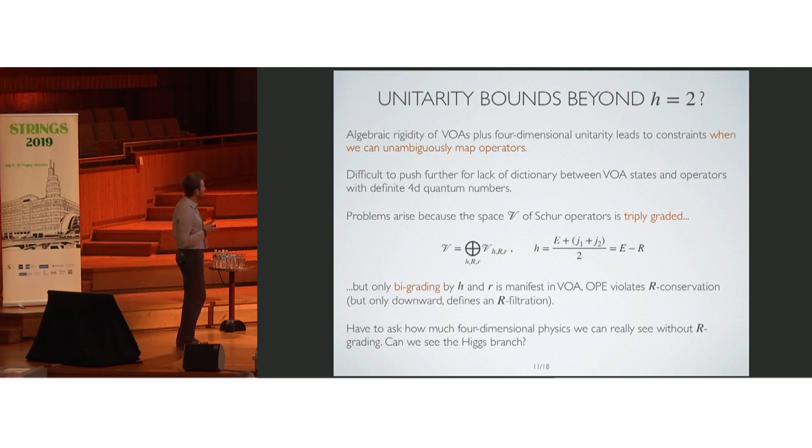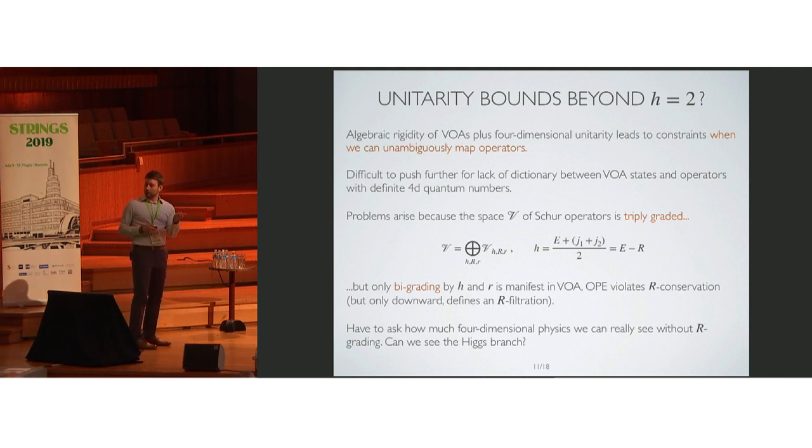This problem arises in some sense because the space of Schur operators that constitutes the vertex operator algebra is triply graded. It's graded by H, which you can think of as the VOA conformal dimension, U(1) R charge, and also SU(2) R charge. These are all good quantum numbers for the set of Schur operators. But once you define this VOA structure on this vector space, you don't see SU(2) R charge anymore.